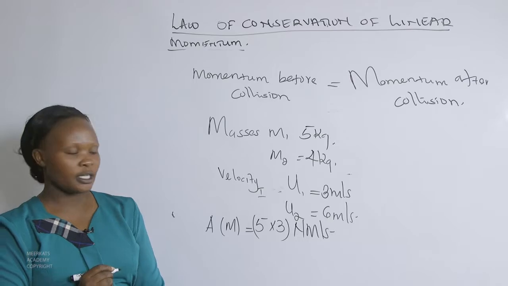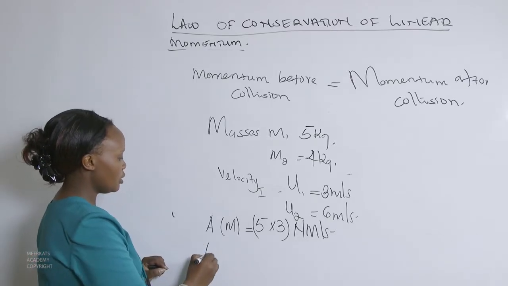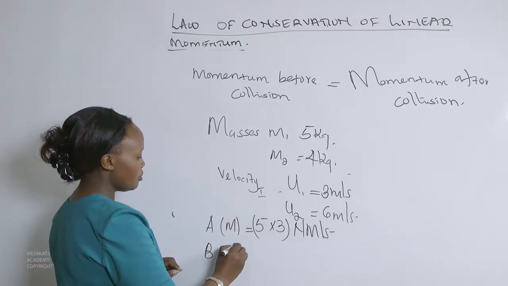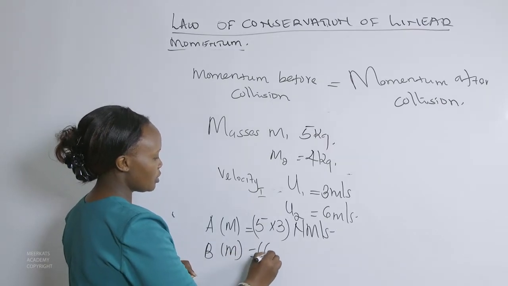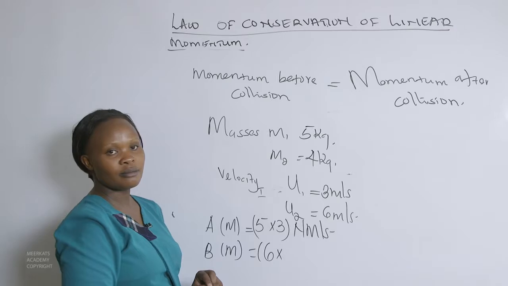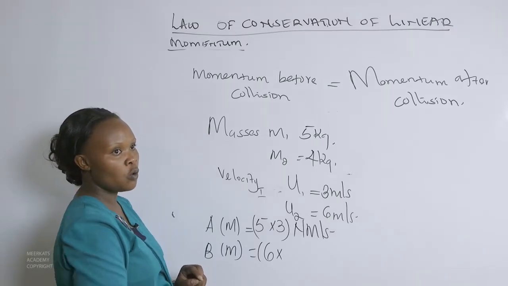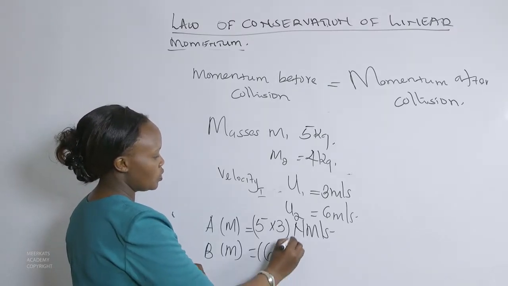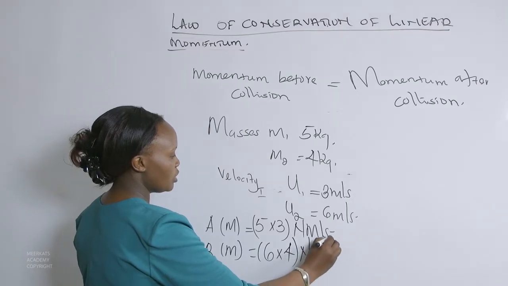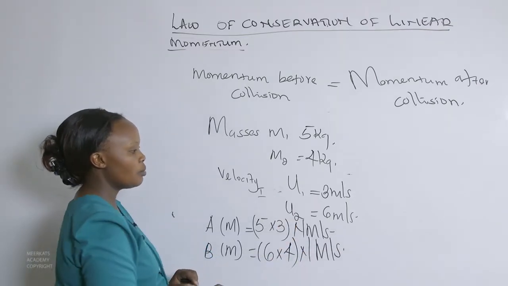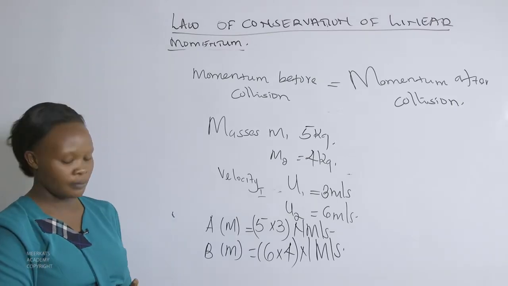For our body B, momentum is given by 6 times 4, newton meters per second.